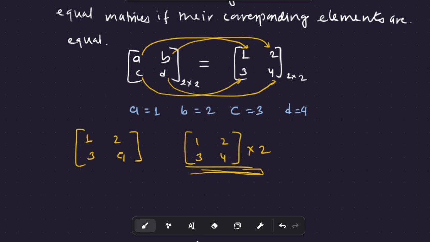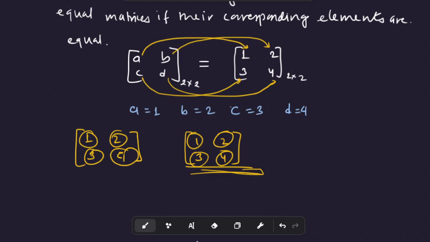No, we cannot say equal. The two matrices will only be equal if this is equal to this, this is equal to this, this is equal to this, this is equal to this. Means the matrices with the same element in the same position will only be said to be equal, otherwise not. Oh, got it. So no signs and all, correct? Yeah, no.